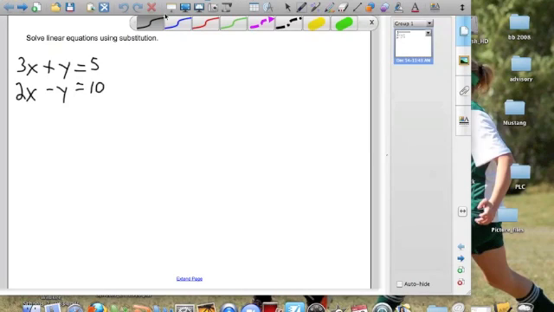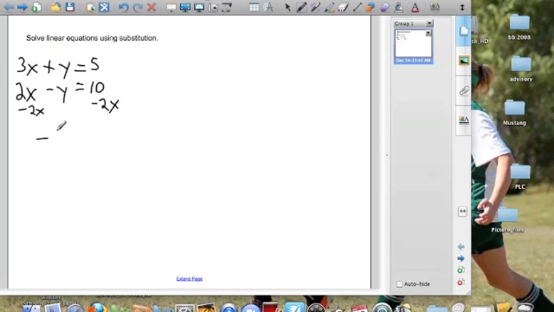Now, what I'm going to do here is solve for this y, just because it's negative. It's going to make my substitution easier. So I'm going to subtract 2x from both sides, and I have a negative y is equal to a negative 2x plus 10.